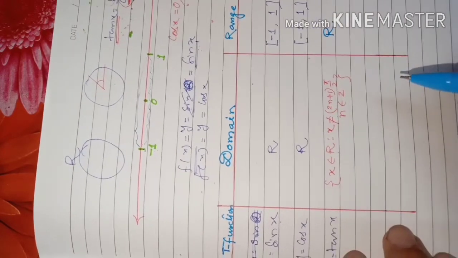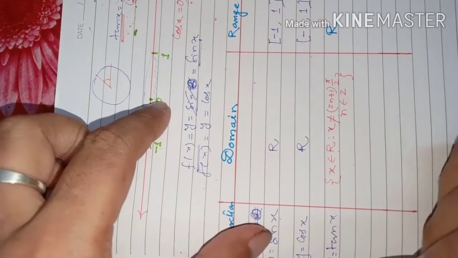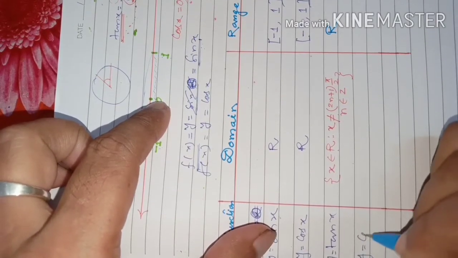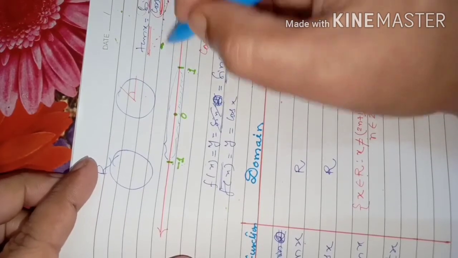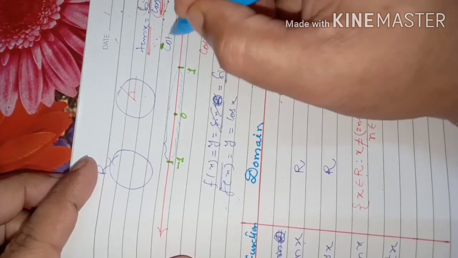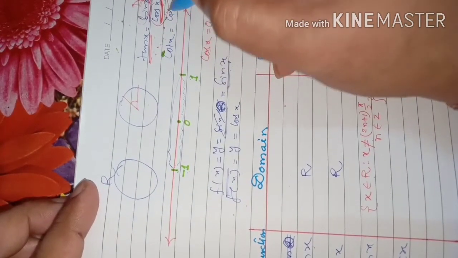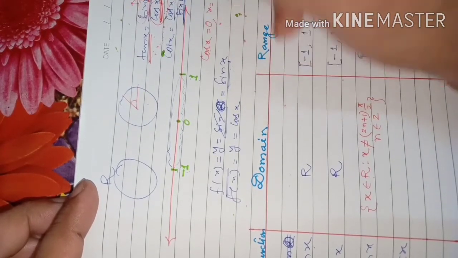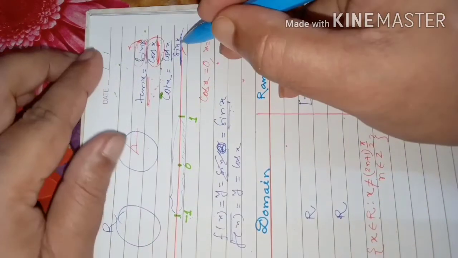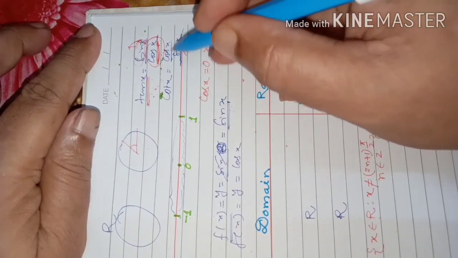Then for cot function, you just see, cot x is cos by sine. It is just the reciprocal of tan function, that is cot x is equal to cos by sine. This time we have to avoid all those points for which sine becomes 0, because the denominator cannot be 0.